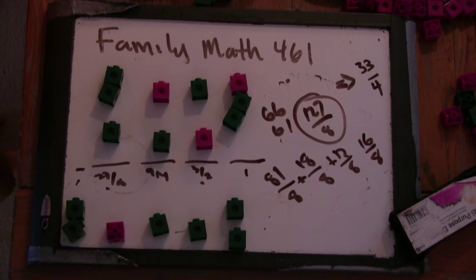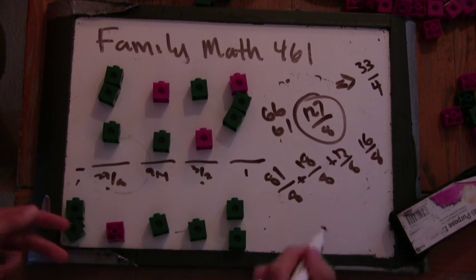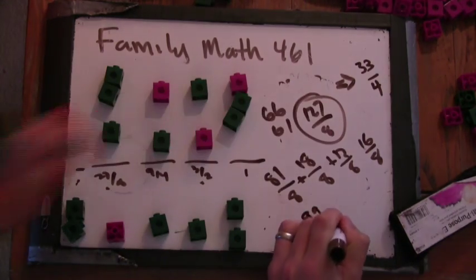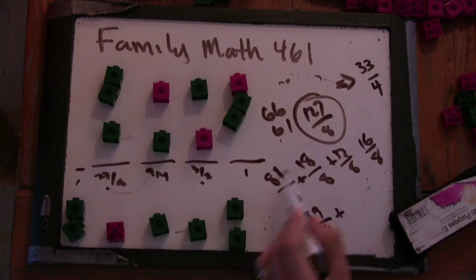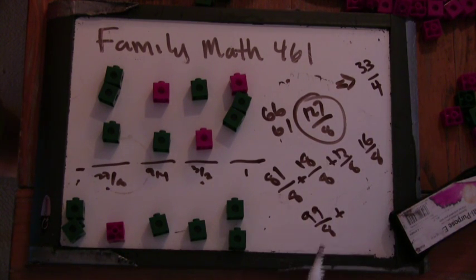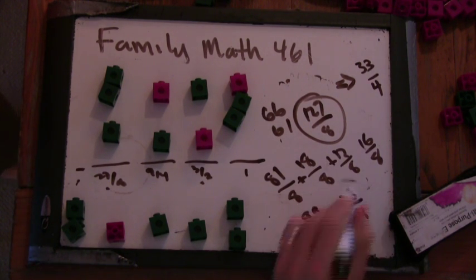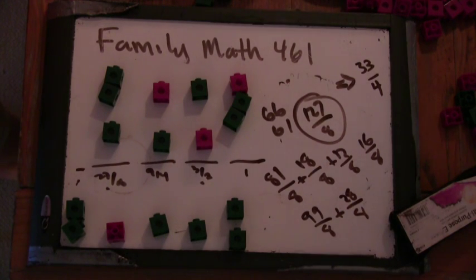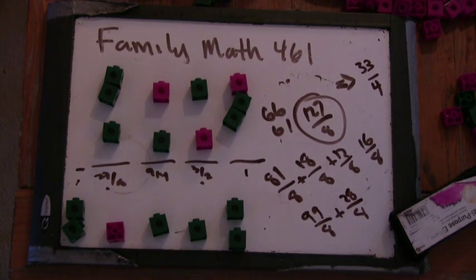So 81 plus 18 is 99. These add up to 99/8. So what do these add up to? 12/8 plus 16/8 is 28/8. So that would be 127/8. Hey, it worked. Cool. So that worked.